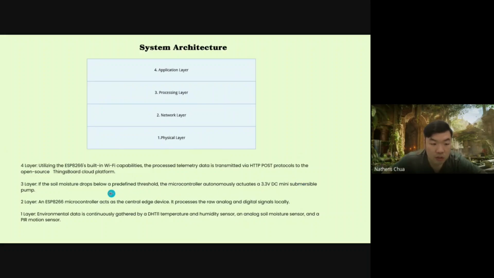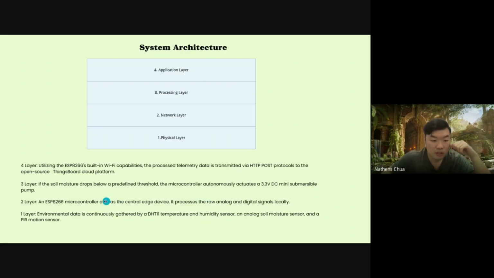And also the third layer: when the soil moisture drops below a predefined threshold, the microcontroller autonomously actuates a 3.3 volt DC mini submersible pump.